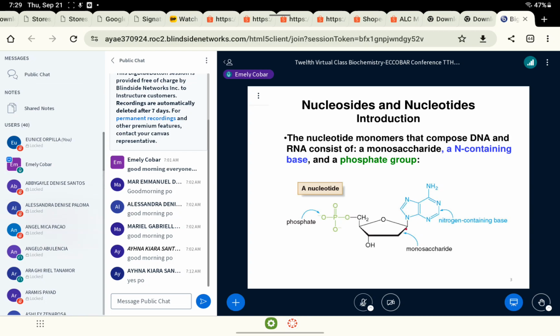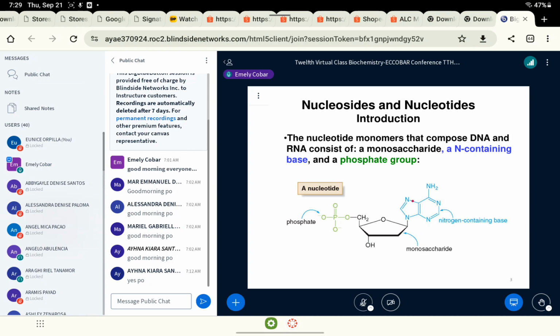The anomeric carbon. In the open chain, it is the carbon bearing the aldehyde group, or the carbonyl group. So ito yon. So this is the anomeric carbon that is bonded to the second component. What is the second component? It's a nitrogenous base, nitrogen containing base. Pag tinignan natin ito, may mga nitrogen. So this is basic. So it's a base. So nitrogenous base ang tawag dito.